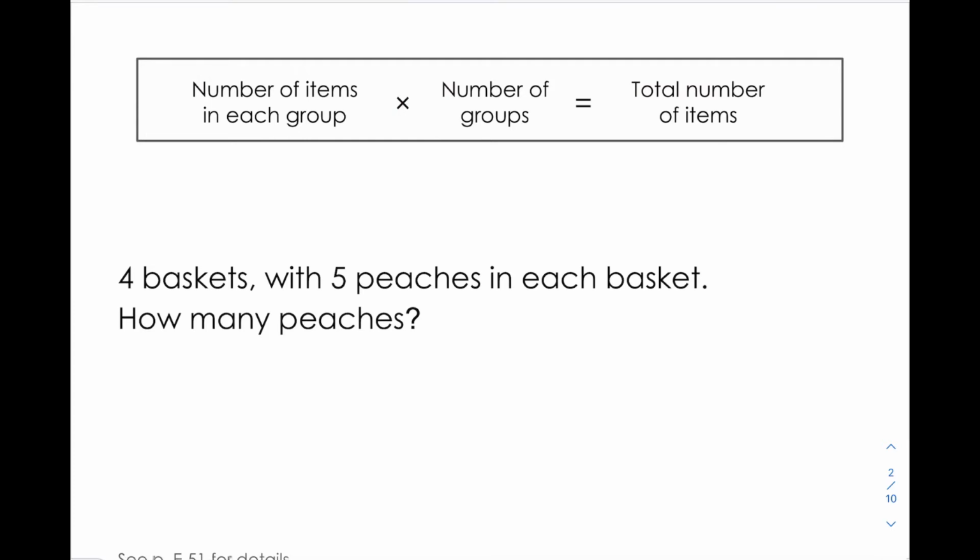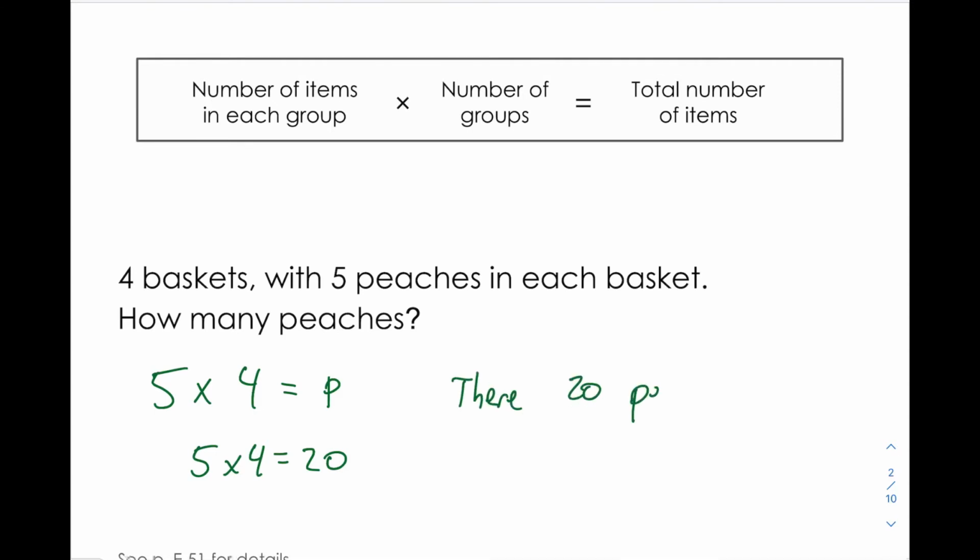So you can say 5 peaches in each basket times 4 baskets equals, we'll say P for peaches, and we know that 5 times 4 is 20. So then as a final sentence you can write down there are 20 peaches altogether.